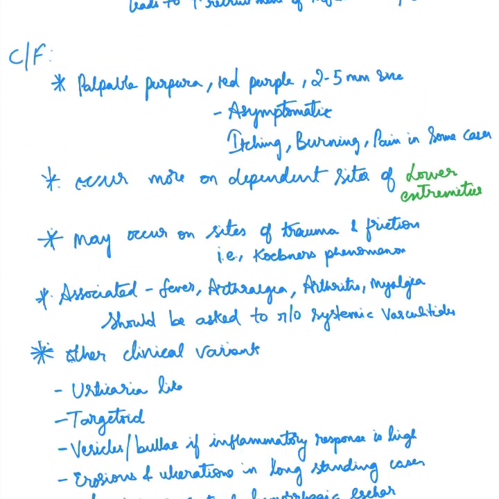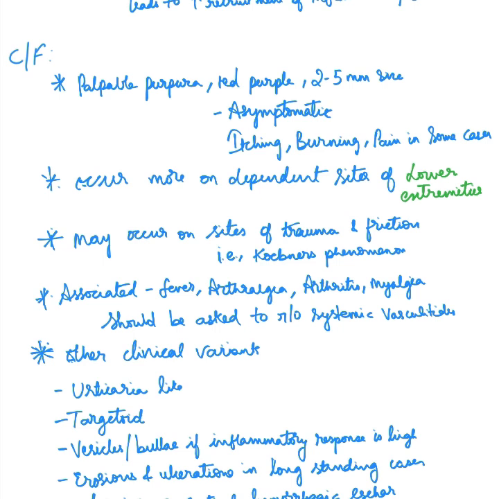Coming to clinical features, the foremost feature is palpable purpura, which is red or purplish in color, 2 to 5 mm in size. The patient is asymptomatic, but in certain cases there can be itching, burning and pain, and they occur more on the dependent sites of the lower limbs. They can also occur on sites of trauma and friction, that is, they can exhibit Koebner's phenomenon.